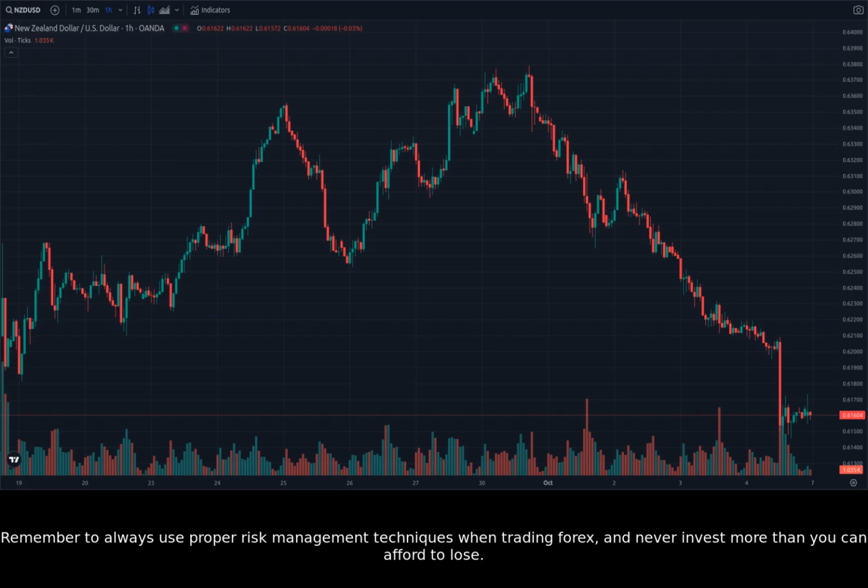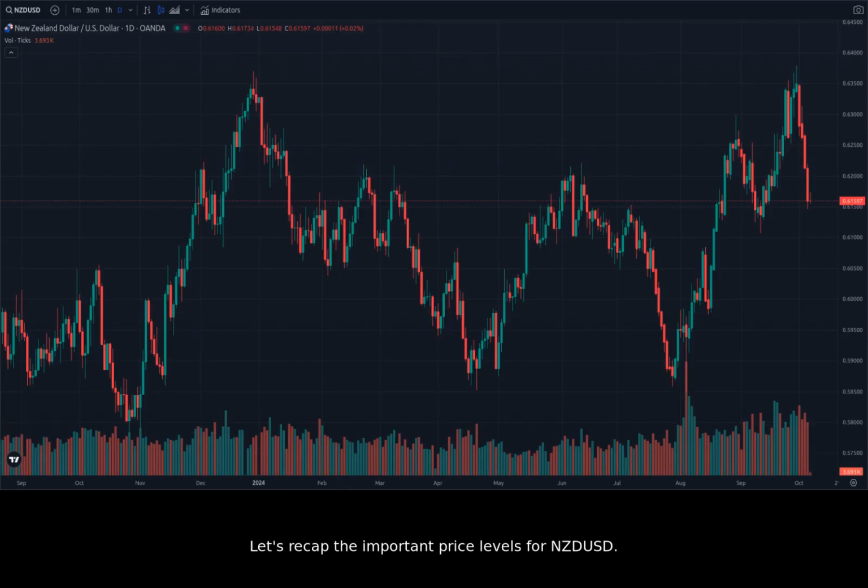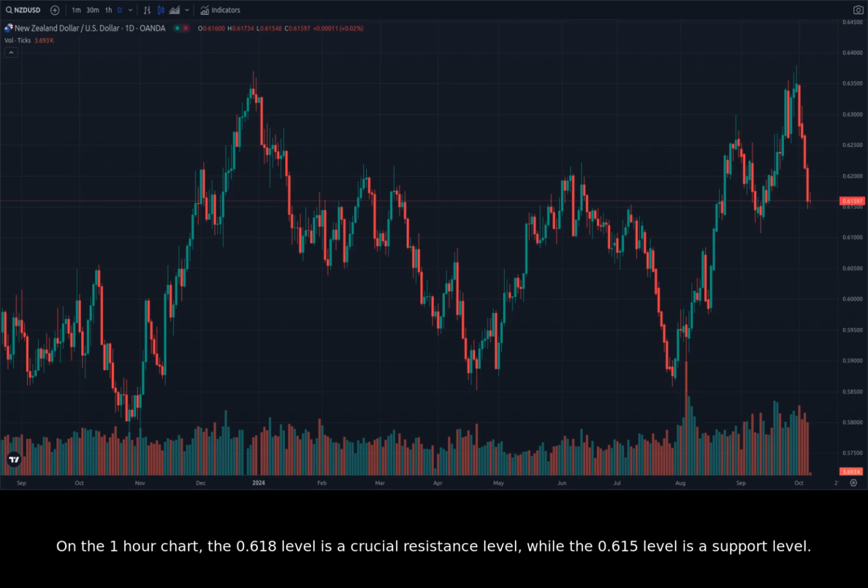Let's recap the important price levels for NZDUSD. On the 1-hour chart, the 0.618 level is a crucial resistance level, while the 0.615 level is a support level. On the daily chart, the 0.60 level is a major support level, while the 0.65 level is a key resistance level.